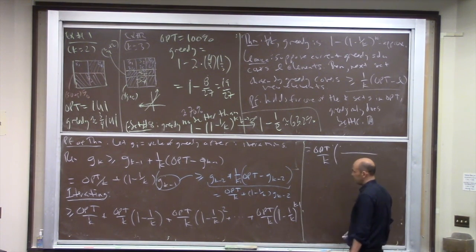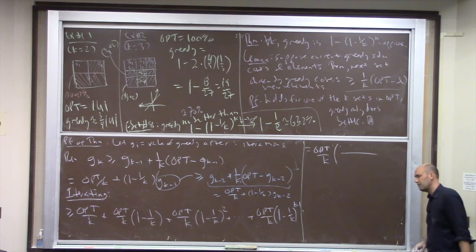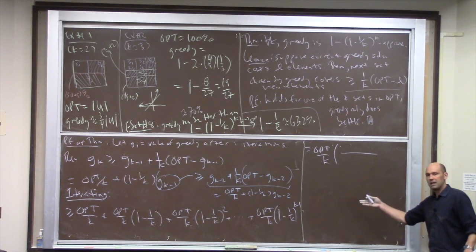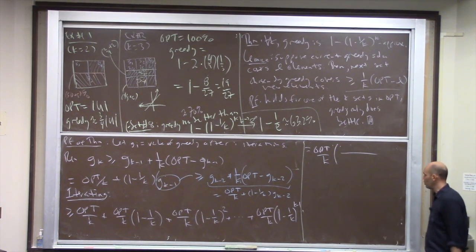So what do you get? Geometric series. Remember, it's a bunch of things of the form p to the i. You get a 1 minus p in the denominator. In the numerator, if you do the infinite series, then you just get 1. But we have a truncated series, the last term is k minus 1, so we're going to have an error term in the numerator.